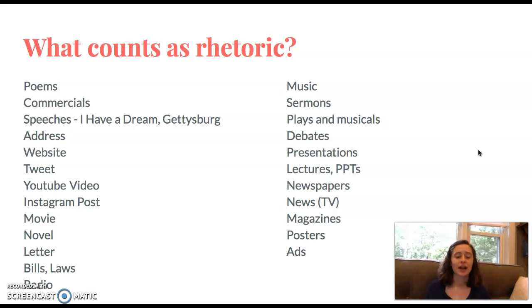You could look at a novel. A novel is often trying to get some opinion across. Lots and lots of things are counting as rhetoric, and so you have a lot of options to choose from when you're looking at the specific rhetoric or argument that you're going to analyze for your rhetorical analysis.